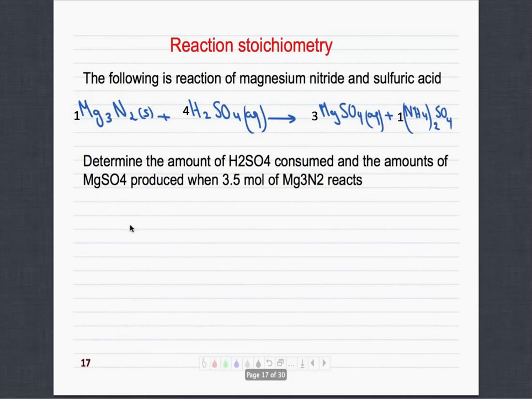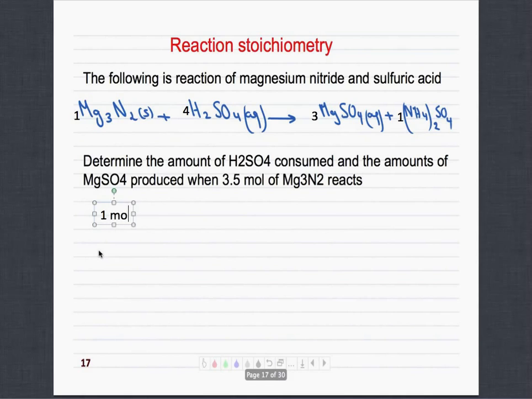I'm going to start with the magnesium. I have 3 magnesium in here, and this is magnesium in there, so I'm going to put 3 magnesium there. Nitrogen, I have 2 nitrogens, and there are 2 nitrogens there. Now hydrogens. I have 2 hydrogens, and on this side I have 8, so I'm going to multiply this by 4 to balance the number of hydrogens.